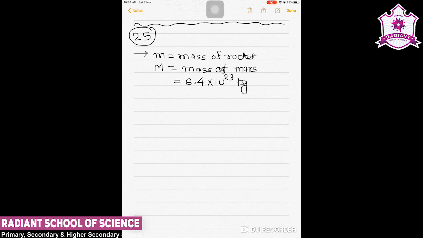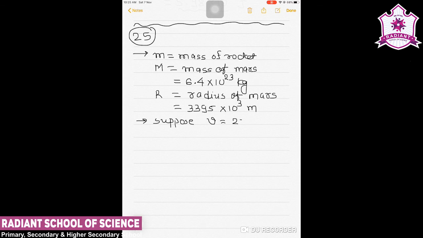Then R is the radius of Mars, that is equal to 3395 into 10 to the power 3 meter. And suppose v is given, that is 2 into 10 to the power 3 meters per second, the velocity of the rocket.